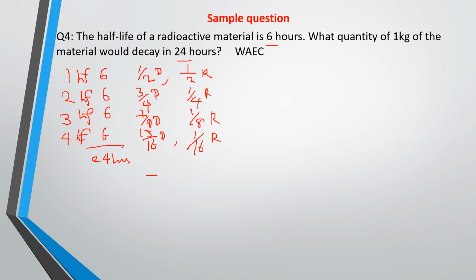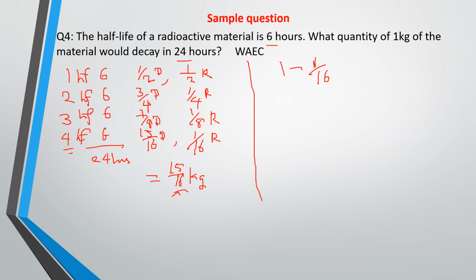So at 24 hours, the amount of the substance that would have decayed is 15/16 kg. Or, at 4 half-lives, the amount of substance that will have decayed will be the original amount, which is 1 kg, minus 1/16, which is the amount that is remaining.